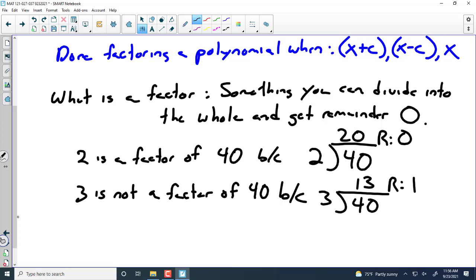Here's what I meant when I said we're going back in time. We're just reminding ourselves some vocab here. What's the meaning of a factor? A factor is something you can divide into the whole and get a remainder of 0. If you don't get a remainder of 0, it's not a factor. If you do get a remainder of 0, it is a factor.